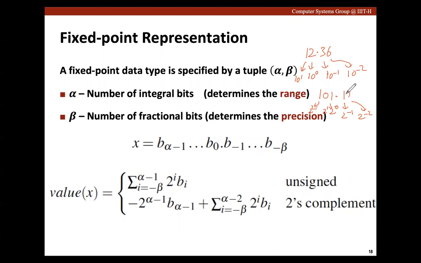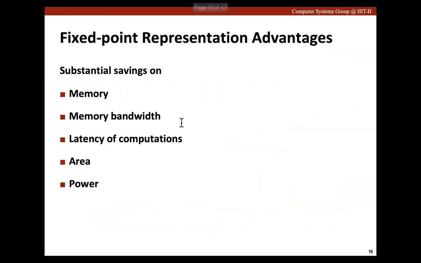In the case of FPGAs, we have the flexibility to define our own data types, fixed point data types. If, instead of using 32 bits, we are able to use 9 bits or 10 bits to store a value, then using the same amount of on-chip DRAM memory, we will be able to store more data.